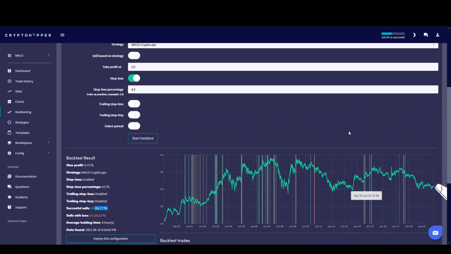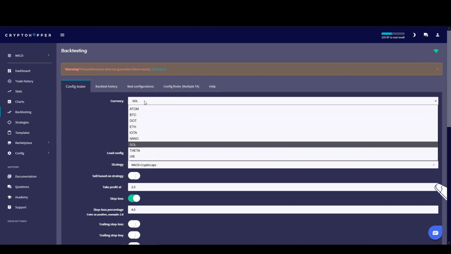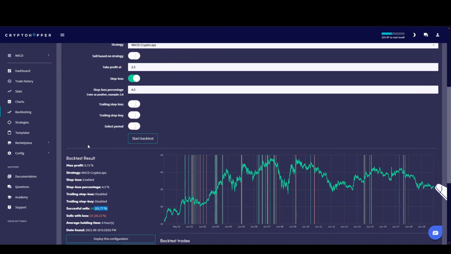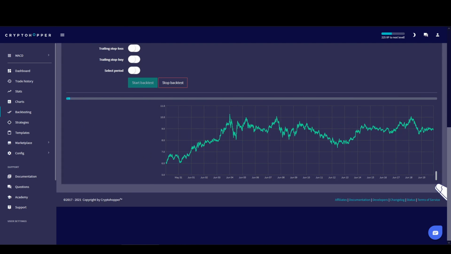So this is why. All right, so let's try one last one. So let's go to Theta right here and start. While it's currently backtesting, don't forget, my goal number one is not to lose any money when we have a really bad market like this, or at least make a little bit of money.